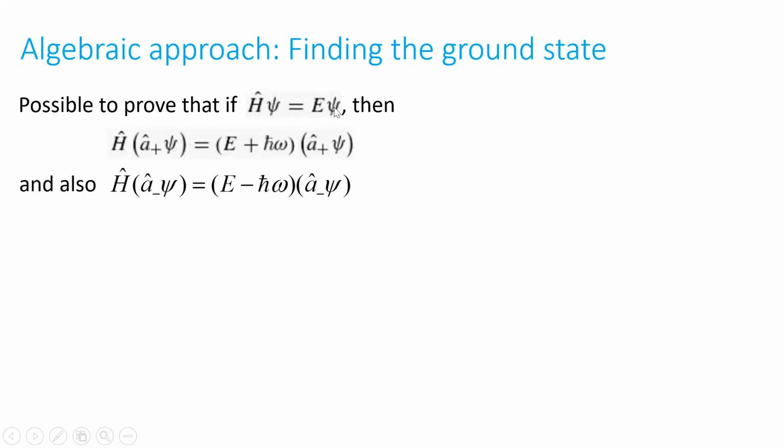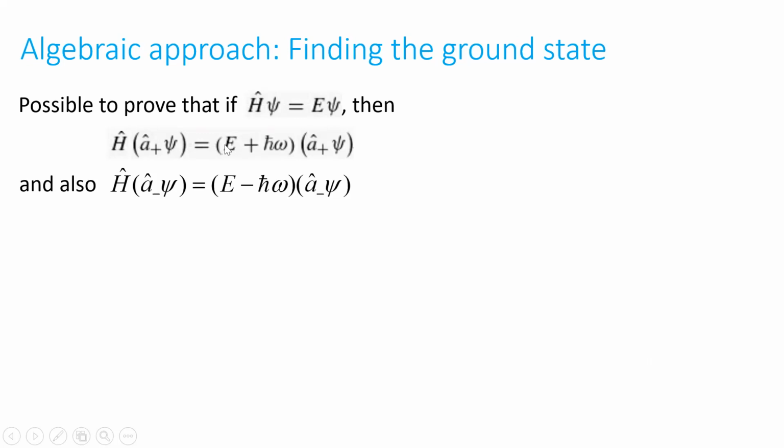stationary state with energy E, then if we operate with H on a plus times psi, we get back a plus times psi times E plus h bar omega. So that means that if we have a state psi, the function a plus psi is also a stationary state, and its energy is E plus h bar omega.